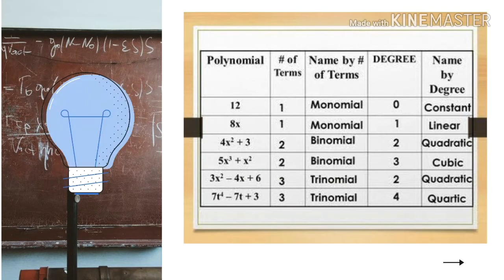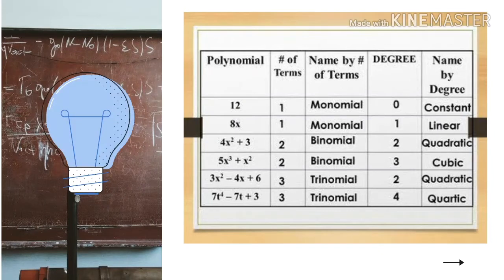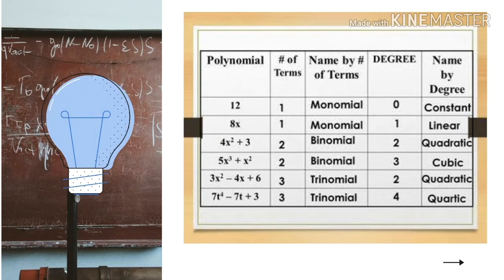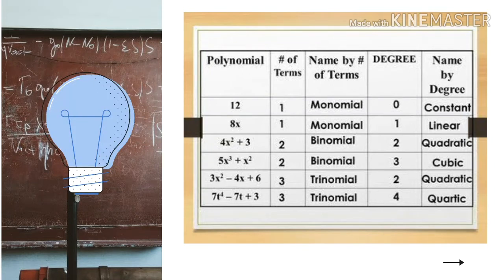Moving to the third example, 4x² + 3. There are two terms, 4x² and 3, so the name of that term is binomial. The degree of the variable is 2 and therefore the name of that degree is quadratic. Moving to the fourth example, 5x³ + x².